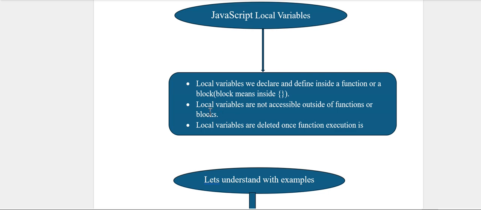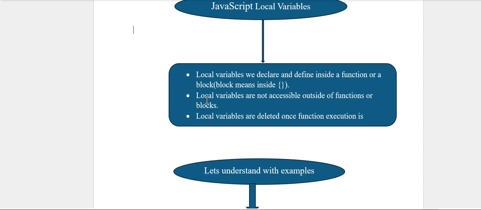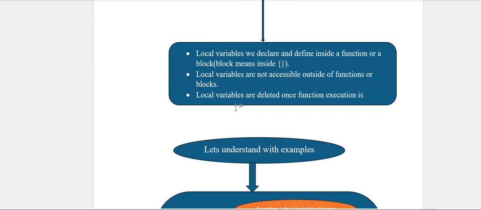The second point is that local variables are not accessible outside of the function or block. Local variable scope will be function level, and block-level variable scope will be the block level.